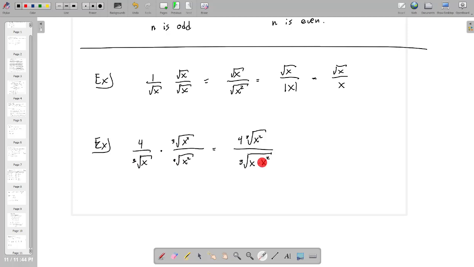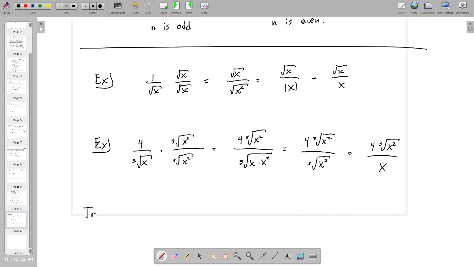So now when I do x times x squared, I get x cubed, which will give me 4 cube root of x squared on top, and then the cube root of x cubed on bottom. Now my exponent matches my index. So we take the cube root of x cubed, and I get x from this property here when n is odd. And then I'm done. I have a rational number here, and that's all we were looking for.